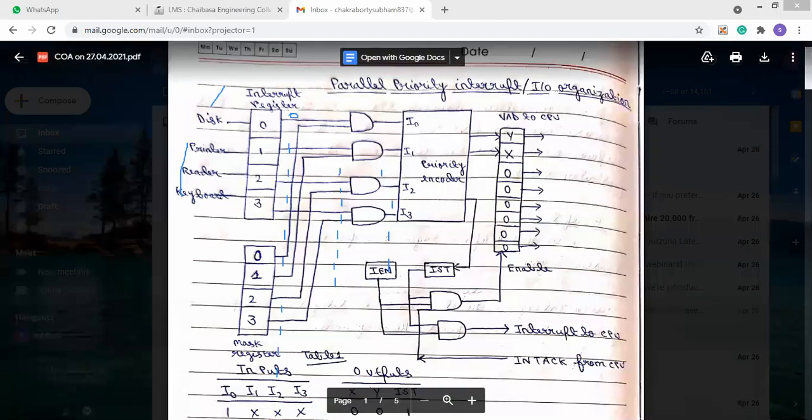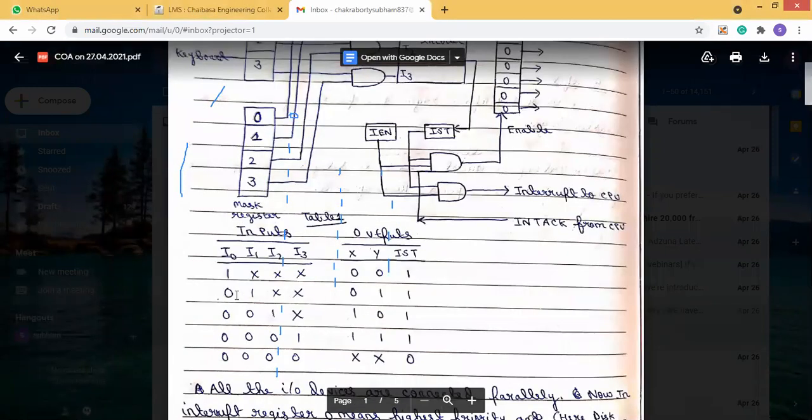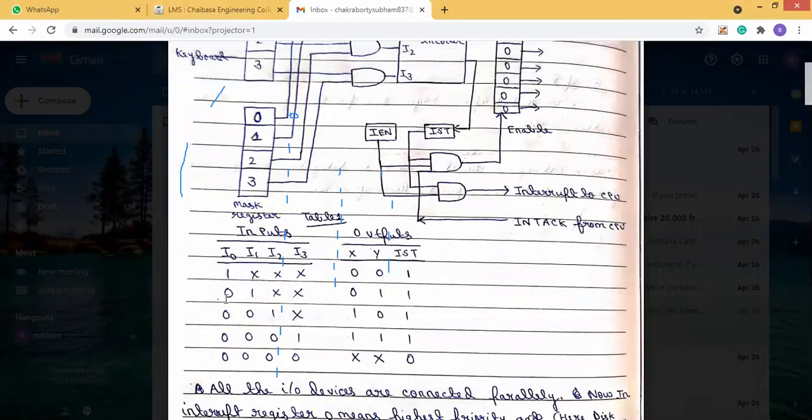That's why here it is written I0. I0 is for what? Disk. Now in this example, I said that disk didn't generate interrupt. That's why disk output is 0. And I1 is related to printer. Among these, printer has the highest priority.